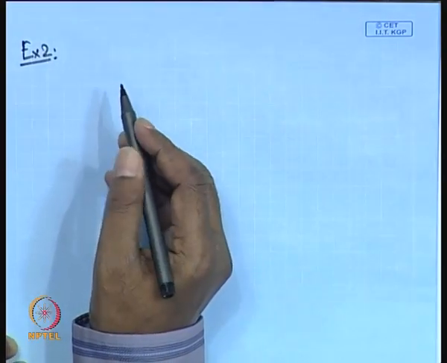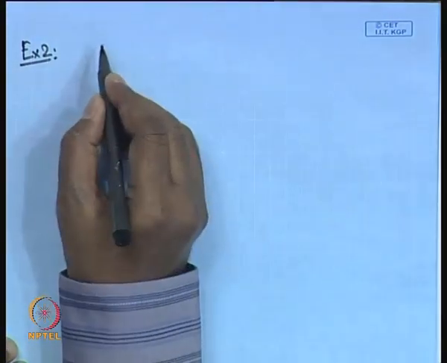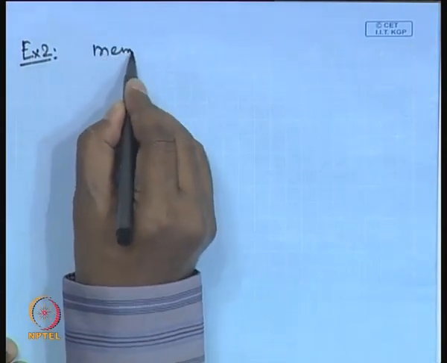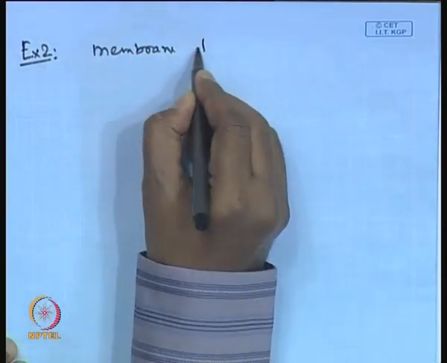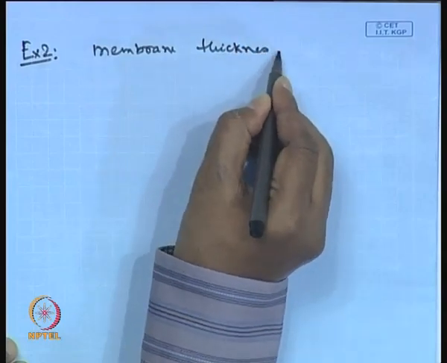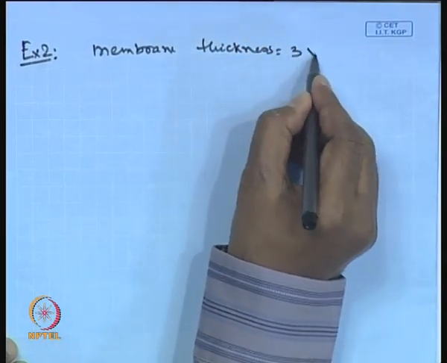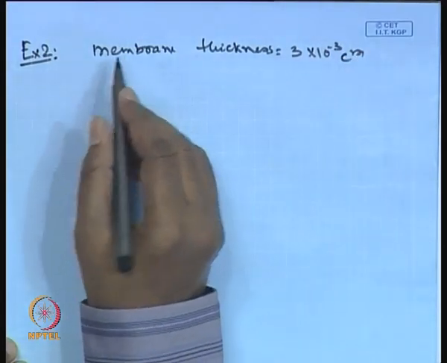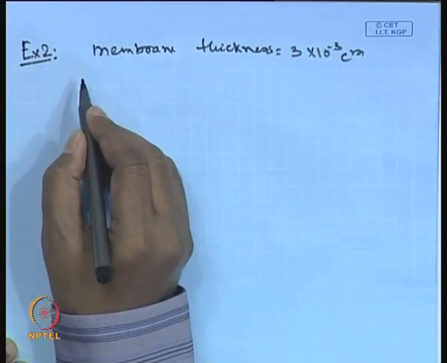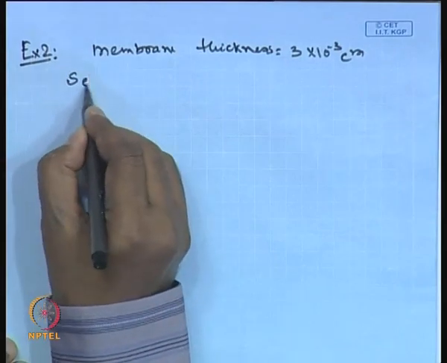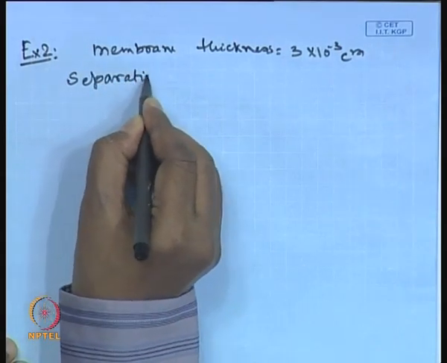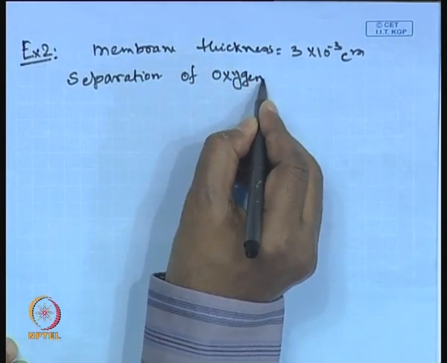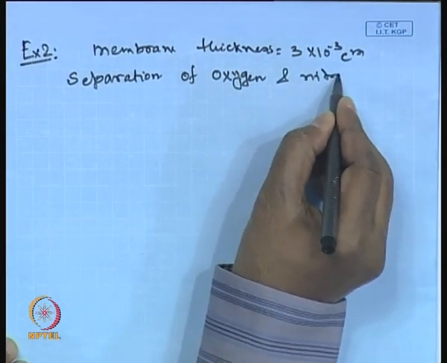In this case, it is desired to find out the membrane area. We are using a membrane, thickness is given, it is 3 into 10 to the power minus 3 centimeter, and it is a case of separation of oxygen and nitrogen.